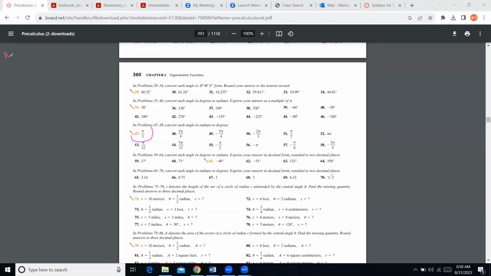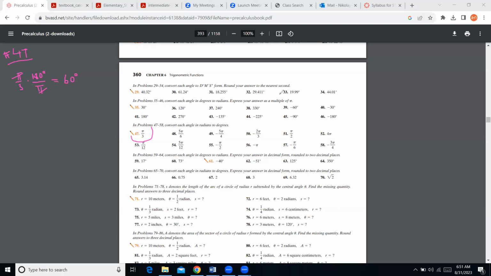So in exercise 47 that I believe we had for the quiz last Tuesday, you need to take pi over 3, and to convert it, we multiply it by 180 over pi. So this way the pi is going to cancel, and we end up dividing 180 by 3, and that gives us 60 degrees.